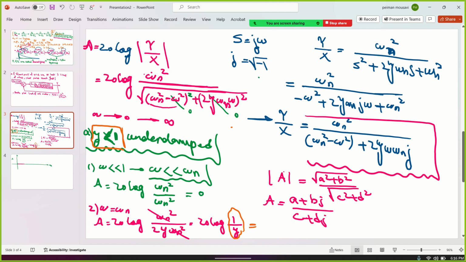So it's gonna be some number, say, for example, zeta is 0.1, a very underdamped system. Let me do that on my calculator.